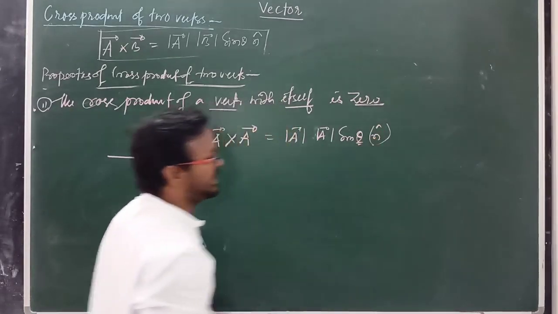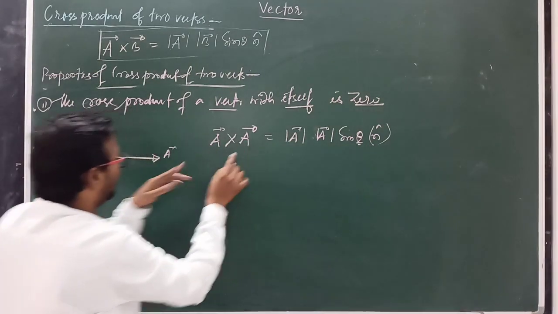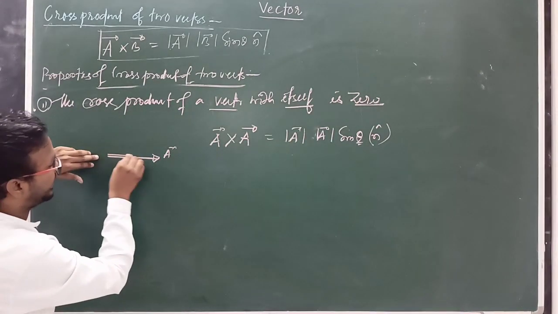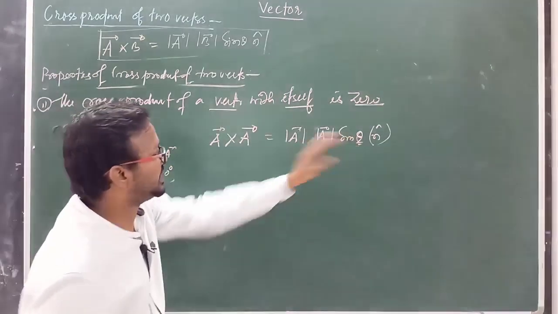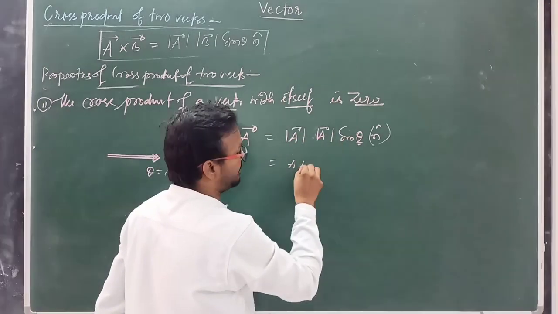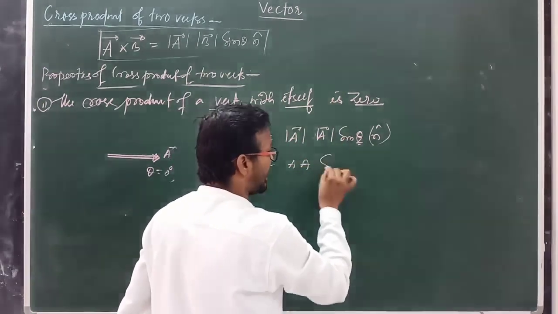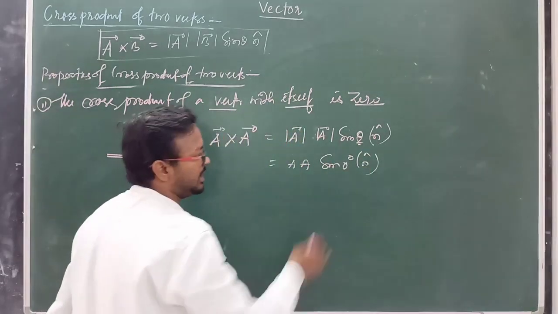Clear? So what is theta? Theta is the angle between the two vectors, and here A and A are in the same direction, so theta is 0 degrees. If we use this value here, then you will get the magnitude of A, the magnitude of A, and sin 0 degrees into n cap. Clear?